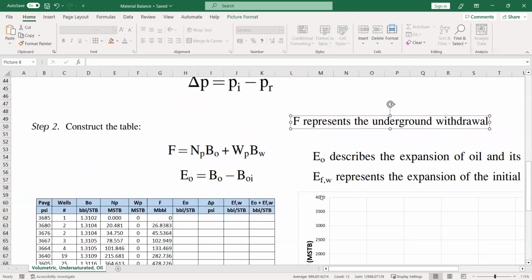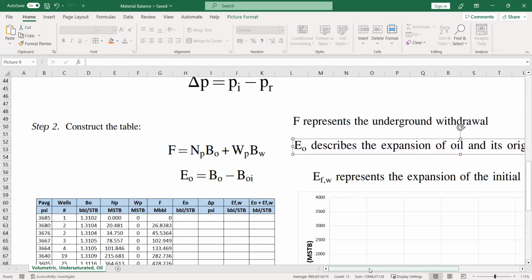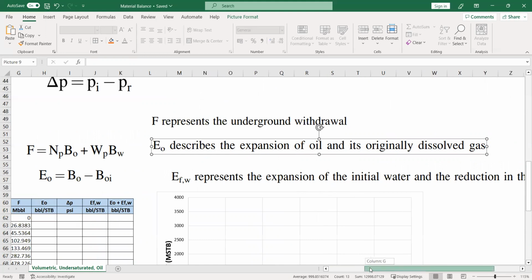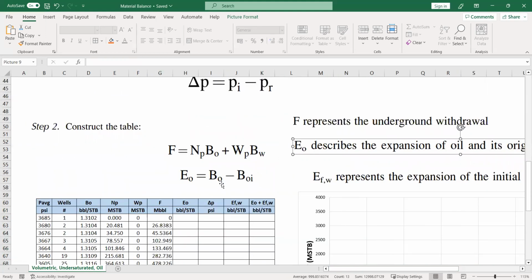Let's put it here. And then we also need to calculate the EO. EO here describes the expansion of oil and its originally dissolved gas. All right, so again, EO describes the expansion of oil and its originally dissolved gas. So EO mathematically is BO minus BOI.